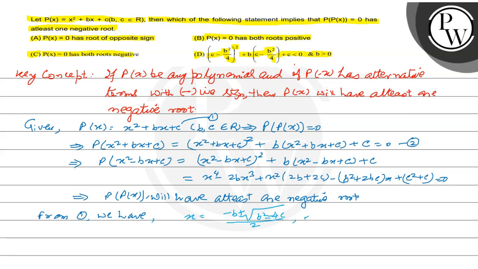If b square minus 4c is greater than 0, then the roots will be real but distinct.